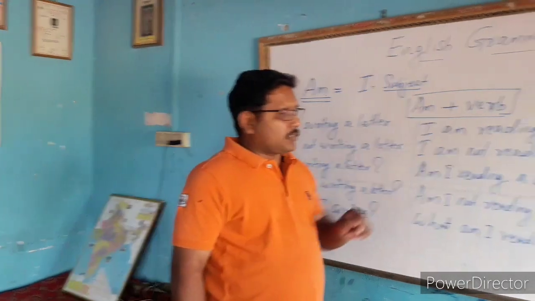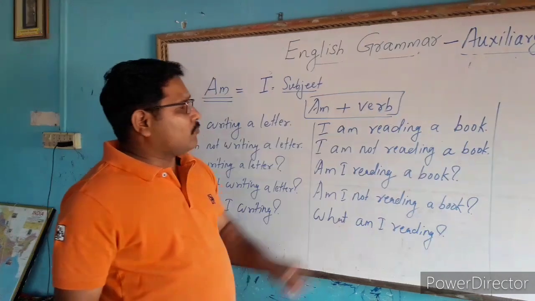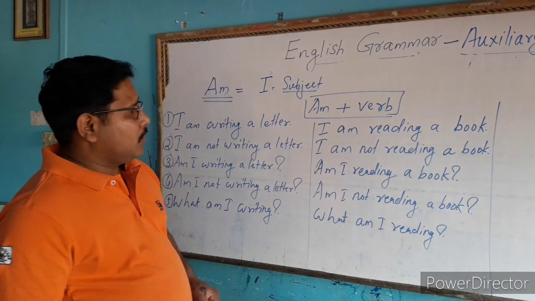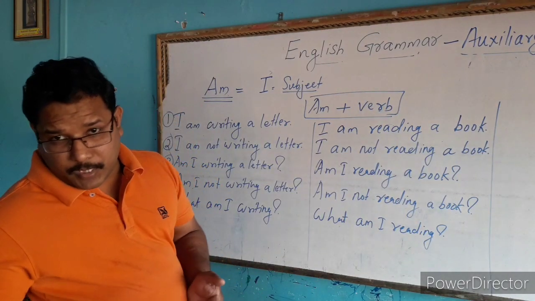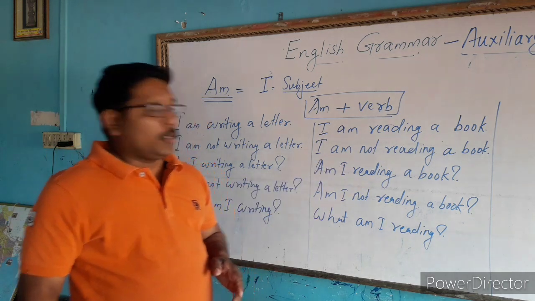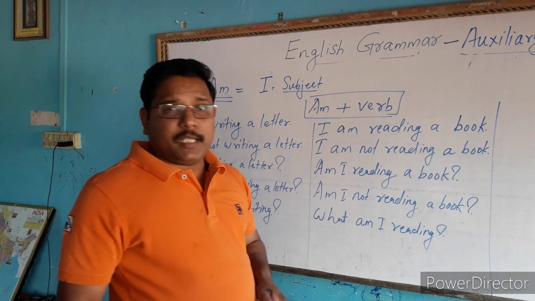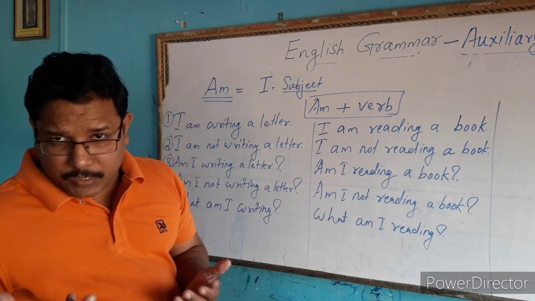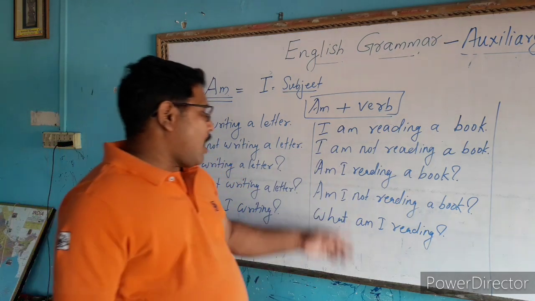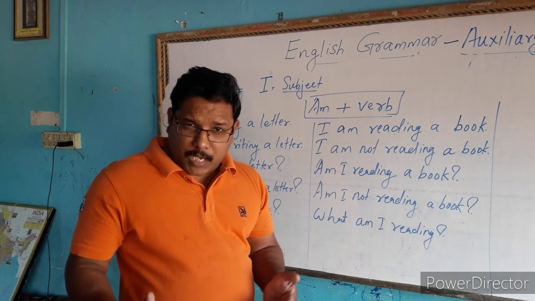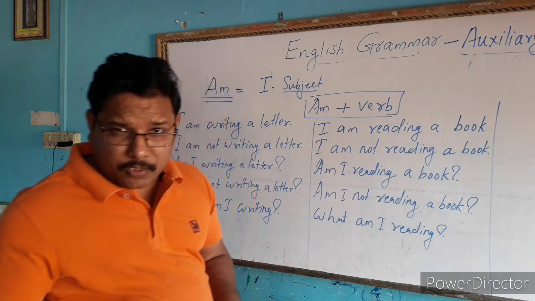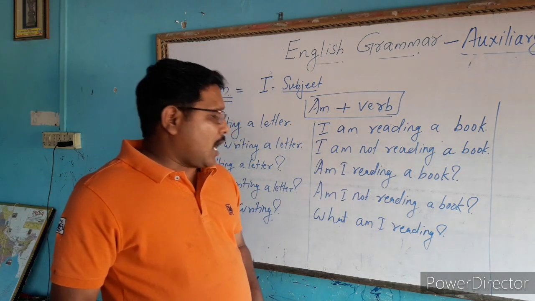Then see this sentence also. I am reading a book. I am not reading a book. Am I reading a book? Am I not reading a book? What am I reading?